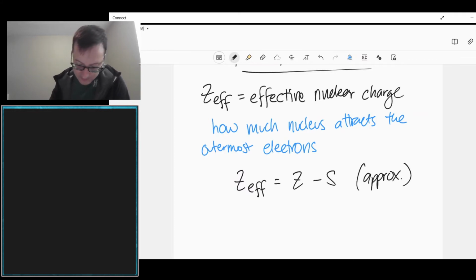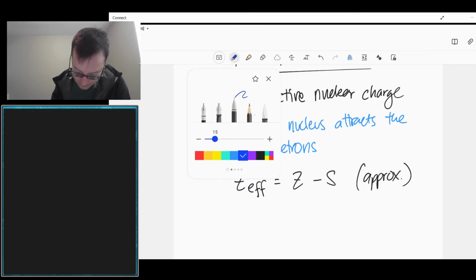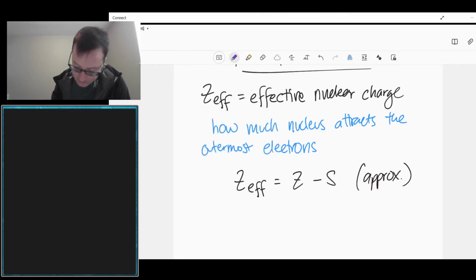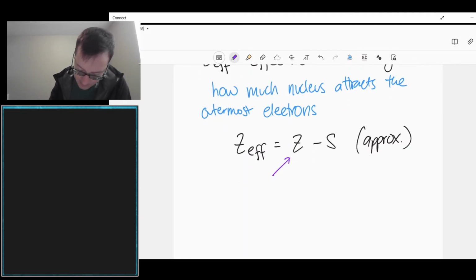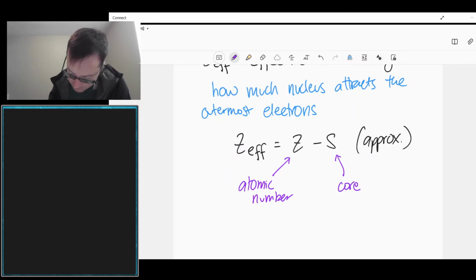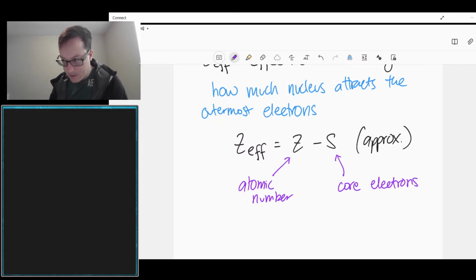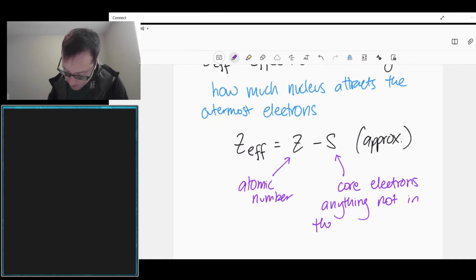We're going to see that these two variables, let's use purple: this is the atomic number, and this is the number of core electrons. I don't quite remember if we made the distinction for core electrons last chapter or not, but that is anything not in the outermost shell.